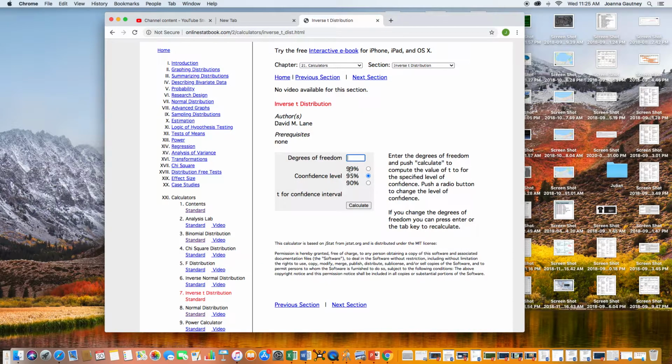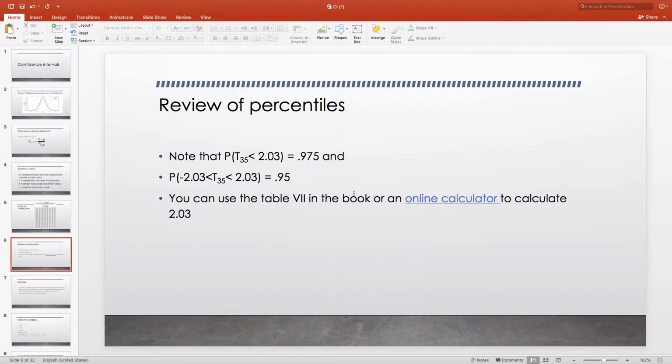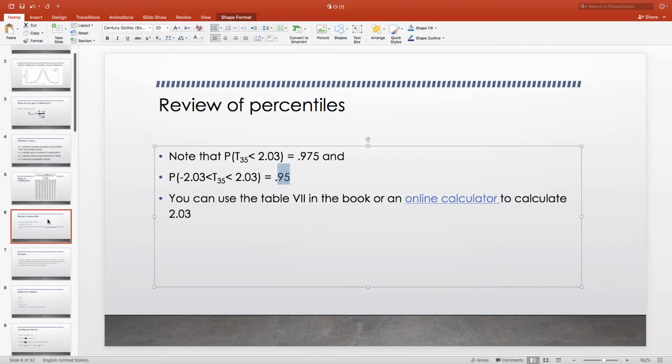I could have a 98% confidence interval, but this table is only built in to find a confidence interval for 99%, 95%, or 90%. Okay, so I said 35 degrees of freedom, I want a confidence level of 95%, and I get 2.03. So that is how I get this 2.03, and that's why I have this 95%. This 95% is the probability it's between the two values. Okay?